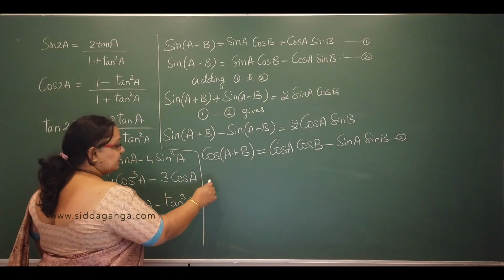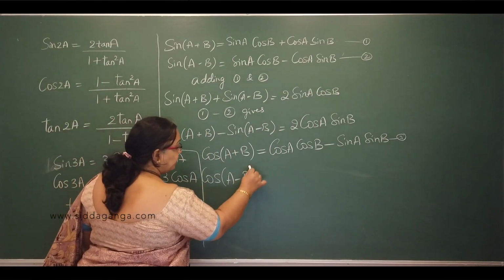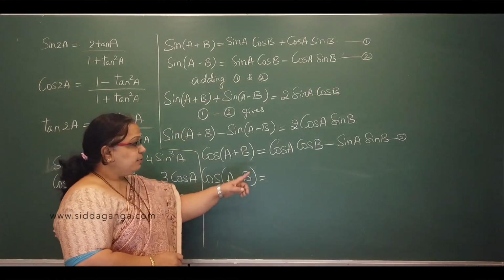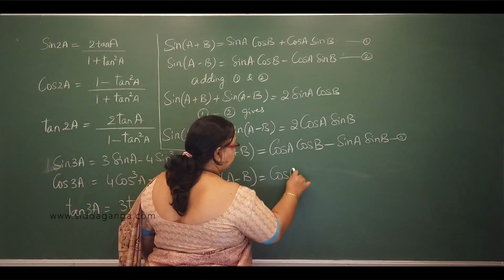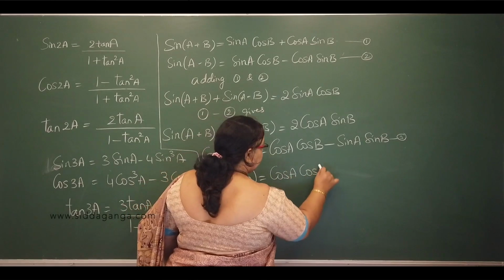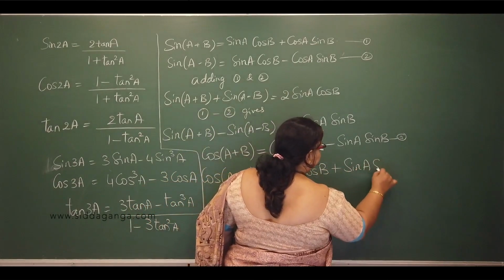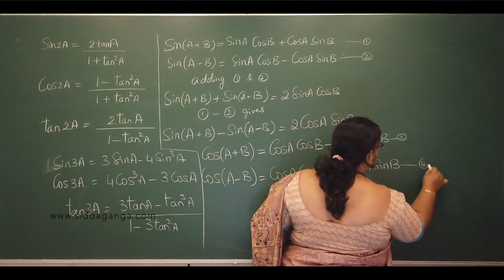The result for cos of A minus B is, since we have a minus sign here, we take the plus sign: cos A cos B plus sin A sin B. Take this as equation 4.